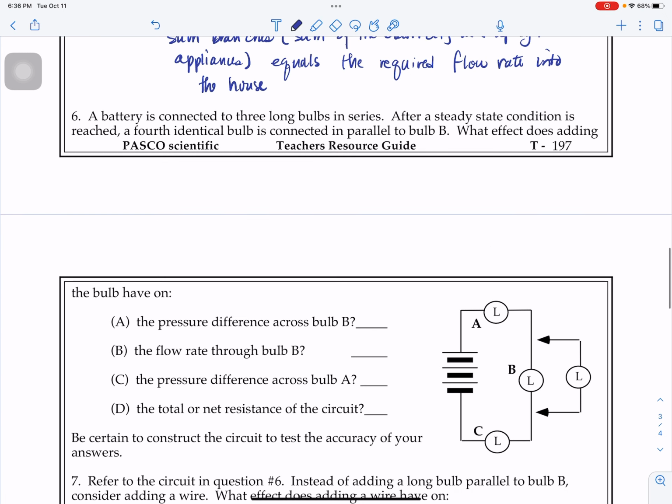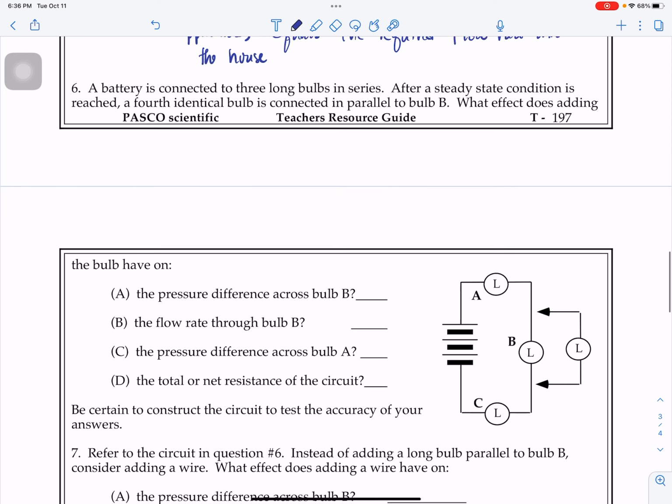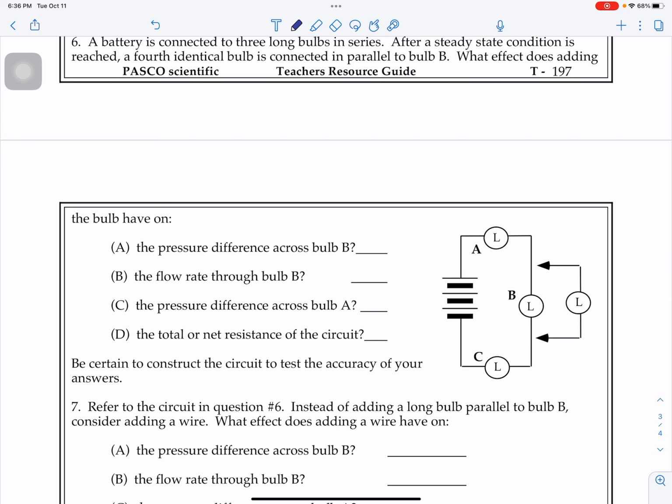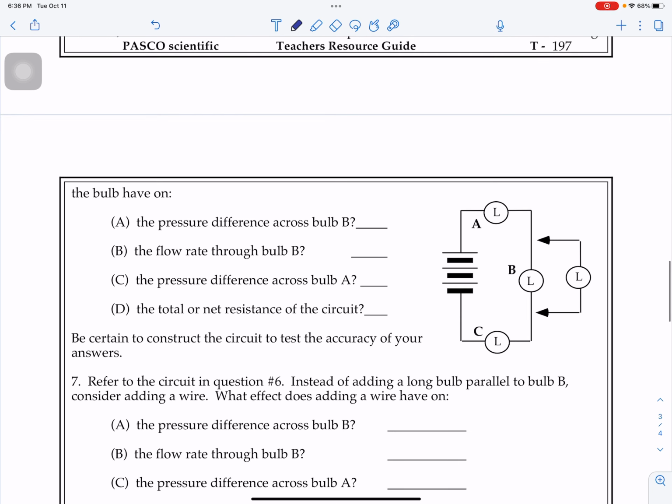Okay. A battery is connected to 3 long bulbs in series. After a steady state condition is reached, a 4th bulb is connected. Okay, this is in parallel. What effect does adding the bulb have on, okay, the pressure difference across bulb B? This is going to decrease. Basically, I'm reducing the resistance of this parallel combination.